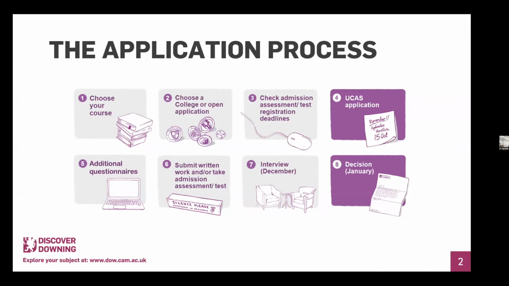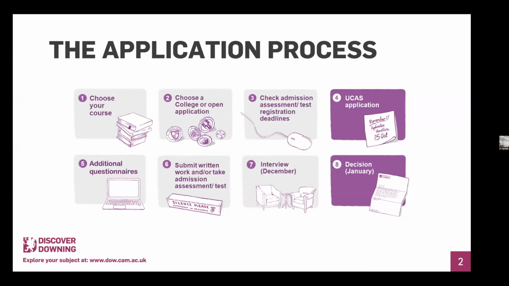The other thing to think about as part of the application is that once we've received your application on the 15th of October, we will be getting in touch with you to ask you to complete an additional questionnaire. Now, a number of students get quite stressed about this and think this is another form of assessment. I can't emphasize enough that this is really us trying to gather more information about you as an applicant.